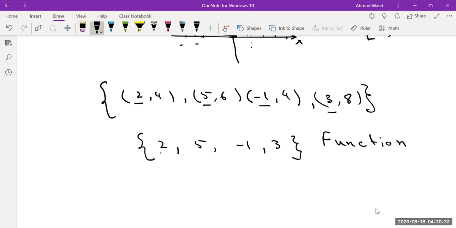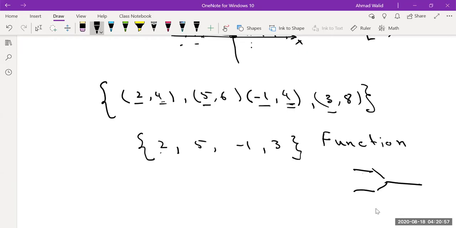Hopefully you will get it. If someone gives you a relation like this, and they ask you, does this represent a function? The answer, just check the values of x. Don't worry about the values of y. If you have a repeating y like this, it means 2 cars can go to one road, right?